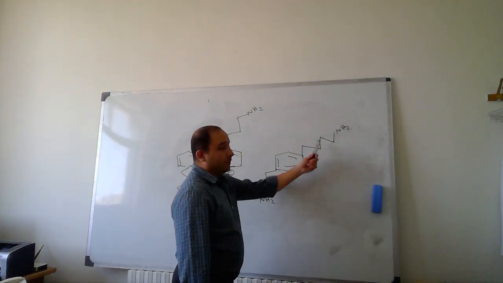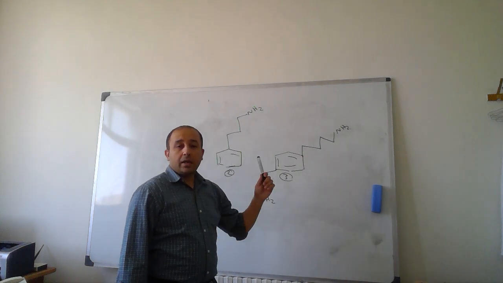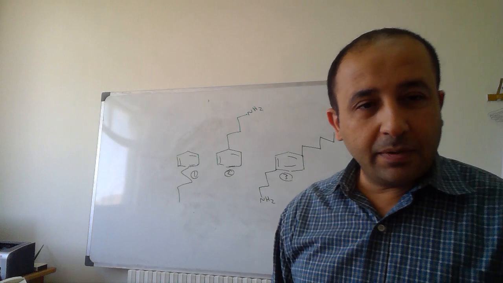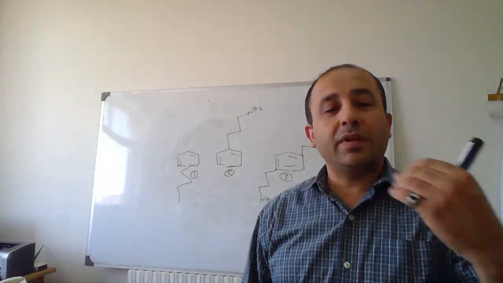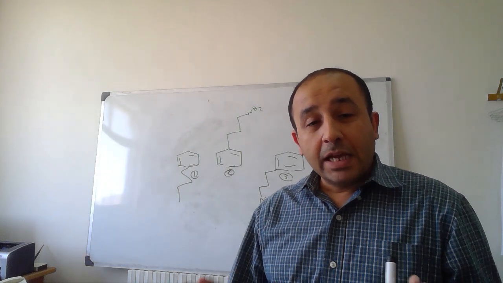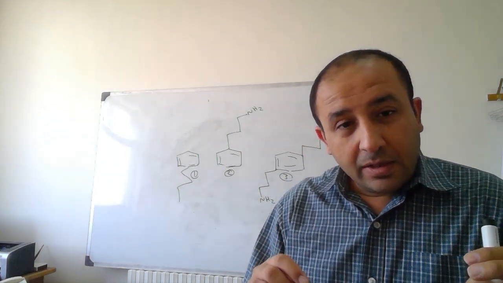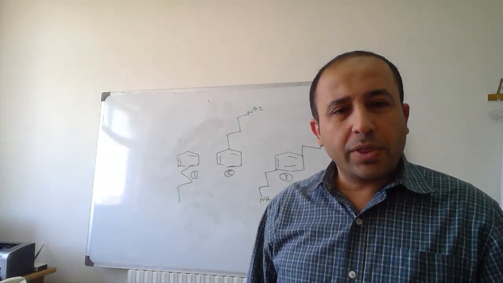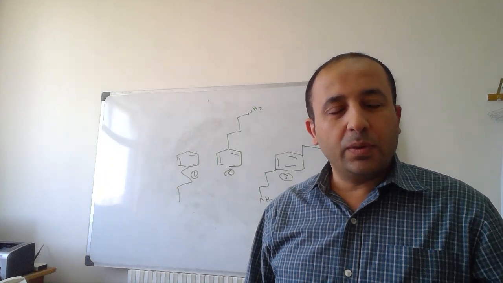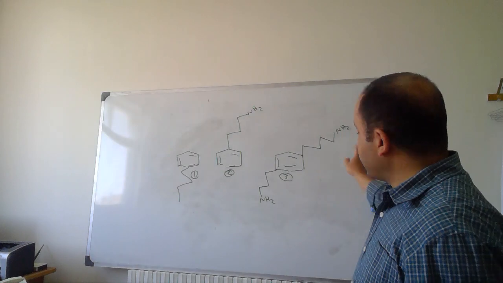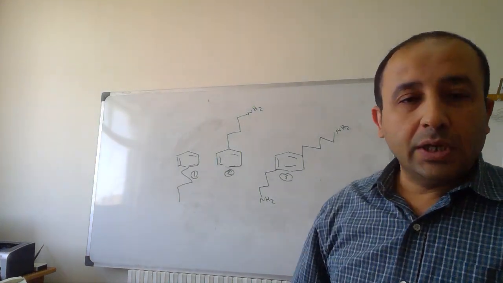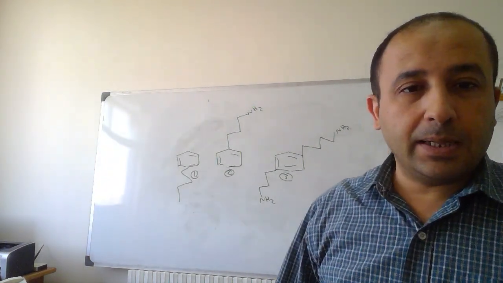These functionalities are far from each other, so the first pKa will not be affected by the second pKa, or the second pKa affected by the first pKa. If the groups are very close to each other, one of them will be ionized much more than the other one, and the other one will have a weak pKa. But if they are far from each other, then each one will behave separately.